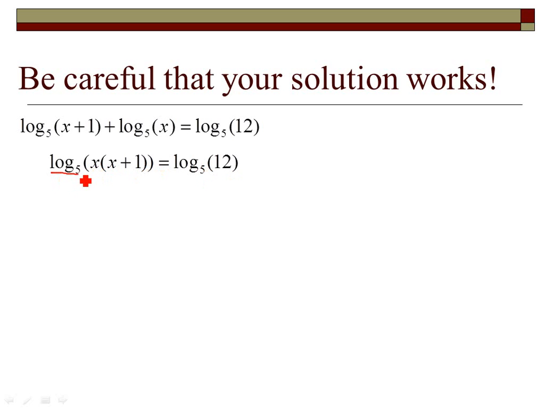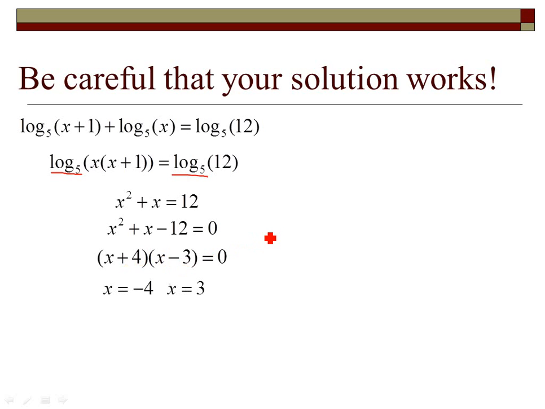Well, now I've got log base 5 equaling log base 5. I can drop my logs, and I get x squared plus x is equal to 12. Got a quadratic, so subtract 12. Factor it. I get x plus 4 times x minus 3. So I get x equaling negative 4 and x equals 3.